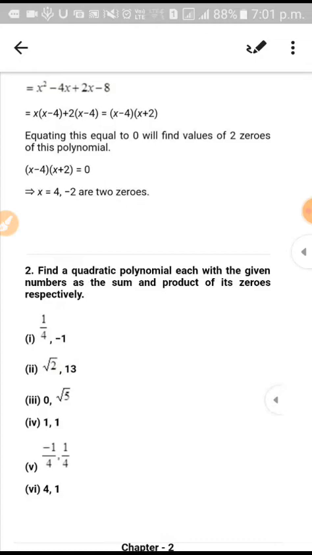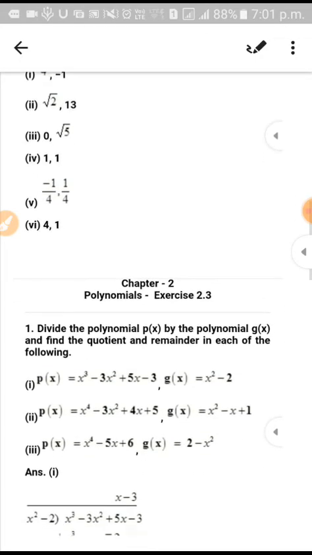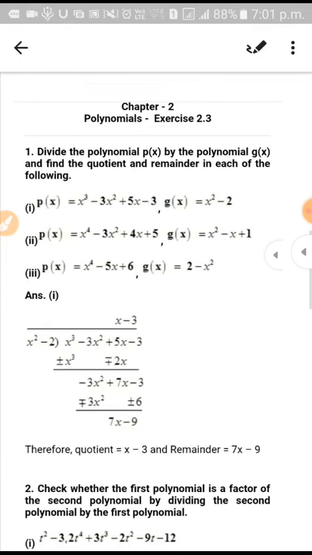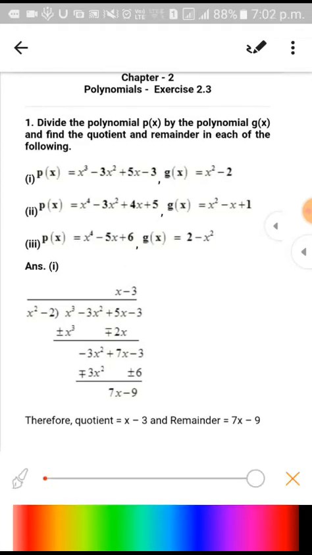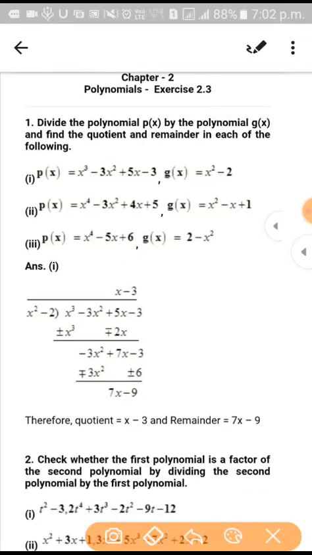Now let us move to exercise 2.3. So in 2.3, the first question is: divide the polynomial px by polynomial gx, find the quotient and remainder.